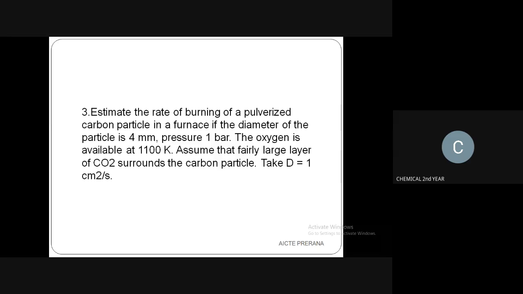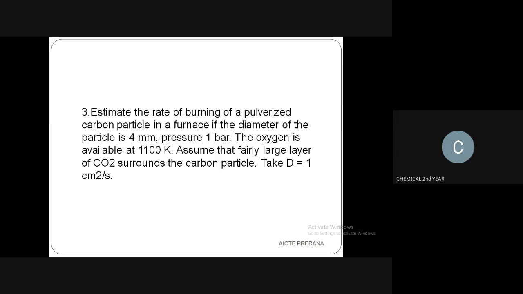Here they have considered a furnace. In that furnace, the carbon particle is pulverized. Pulverized means it is being broken into fine particles. For the rate of burning, once the carbon is kept in the furnace for burning, it will become ash.